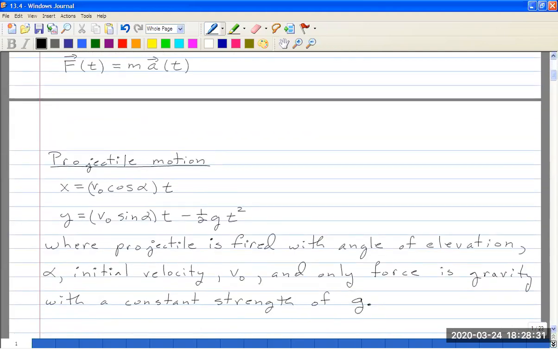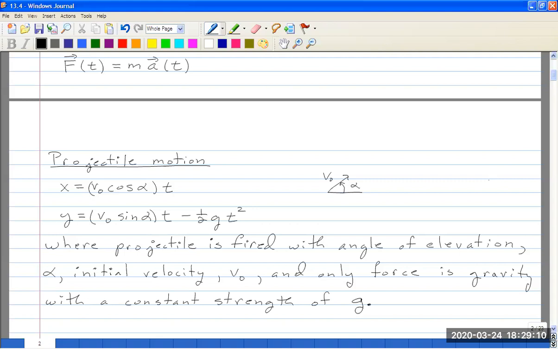Projectile motion. So suppose I have some sort of projectile, and it has initial velocity v0, and we launch it at some angle alpha, and the only thing acting on it is gravity.